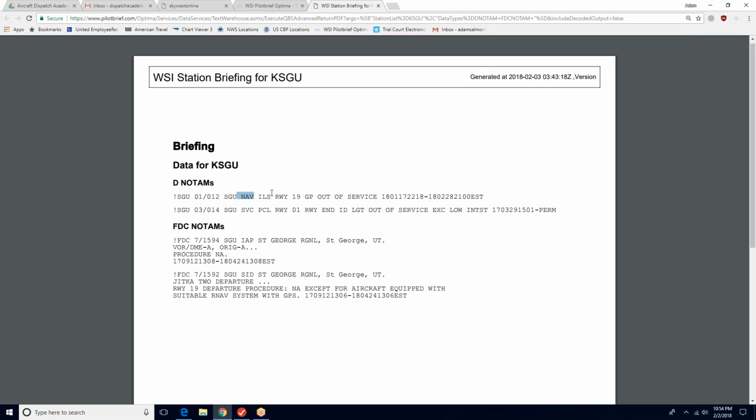So this NOTAM is affecting navigational equipment. The specific equipment it's affecting is the ILS, the Instrument Landing System. Everybody should know what that is now. Runway 19. So the ILS on runway 19, GP, which means glide path or glide slope, the glide slope that we were talking about earlier, is out of service.